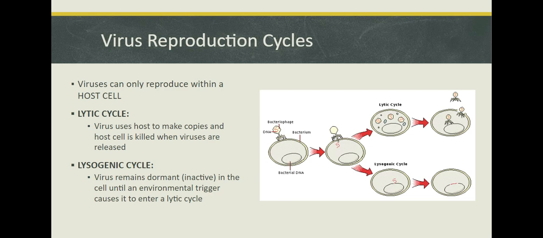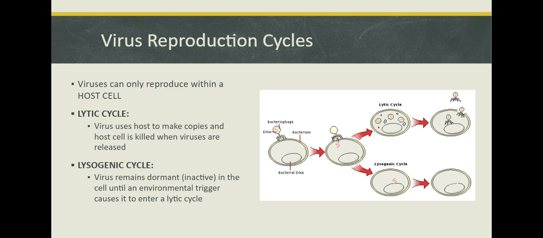So that virus DNA is going to use the bacteria, the host cell's DNA, to make copies of itself. If you follow the arrow up, you will see in that next picture that new virus parts are being created.